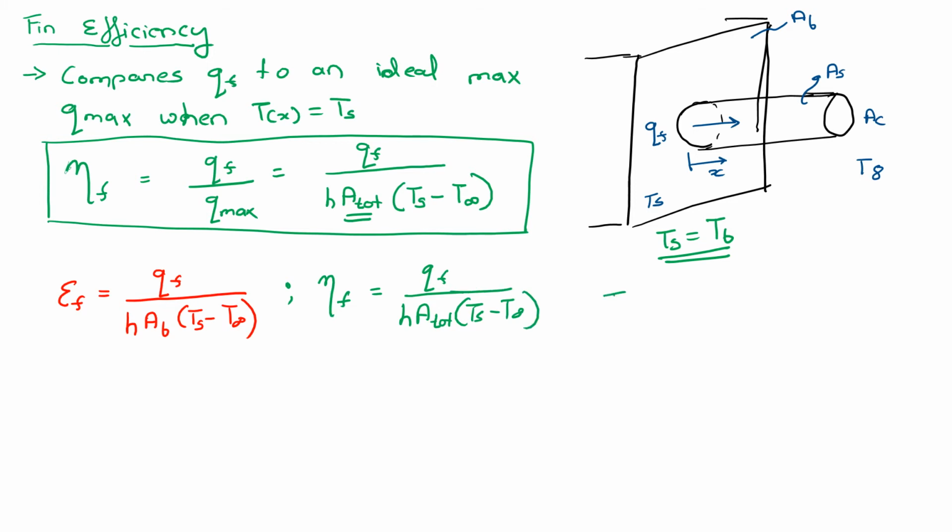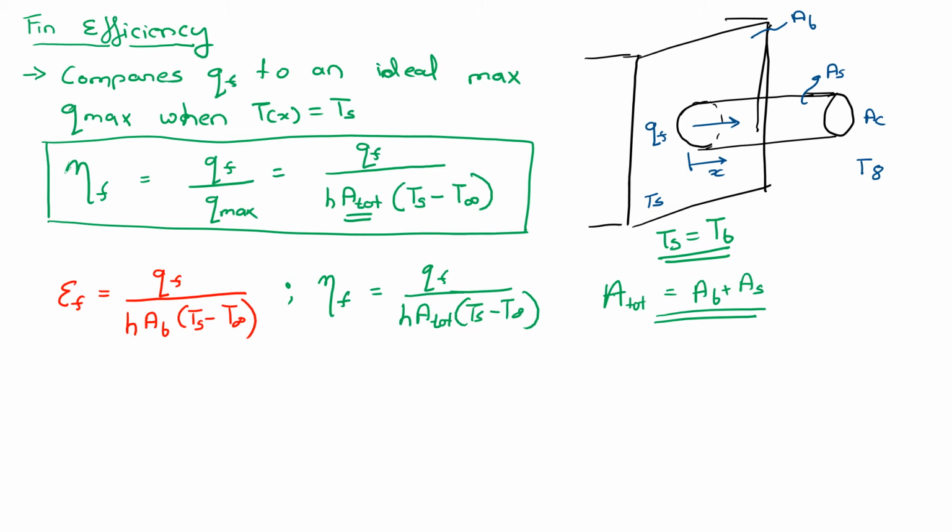So your total area will include the area of the base plus the area of the fin. Okay, so do not confuse between performance and efficiency. They are two different things.